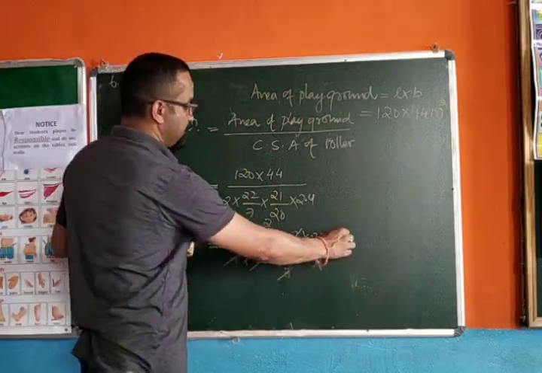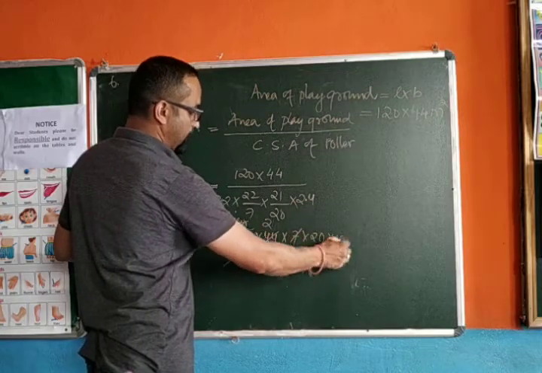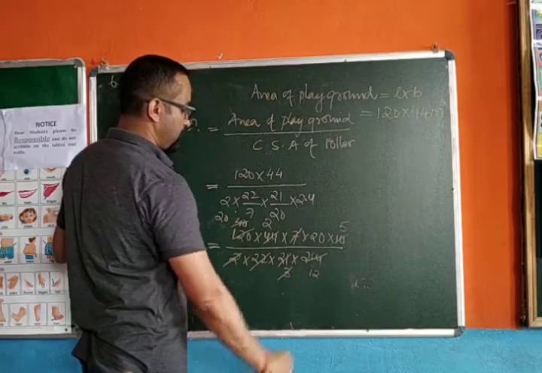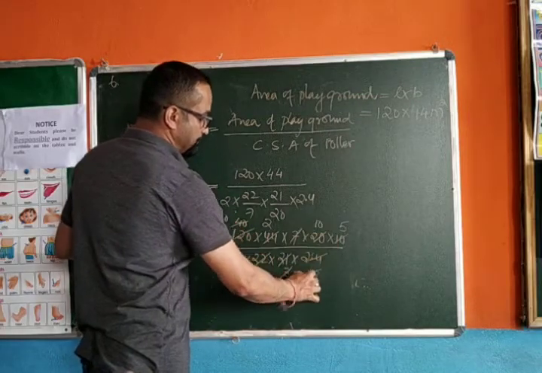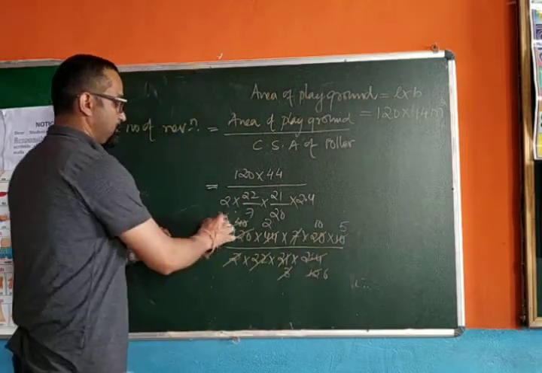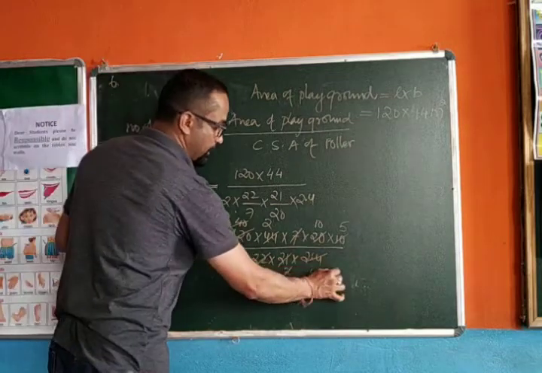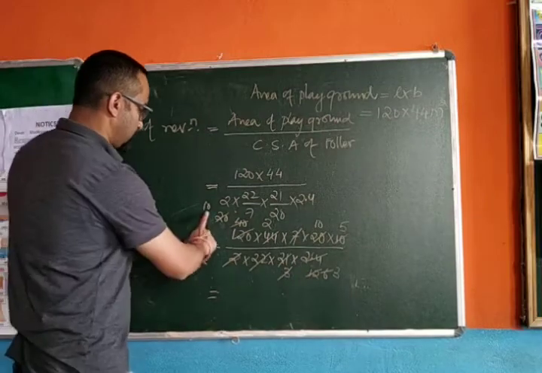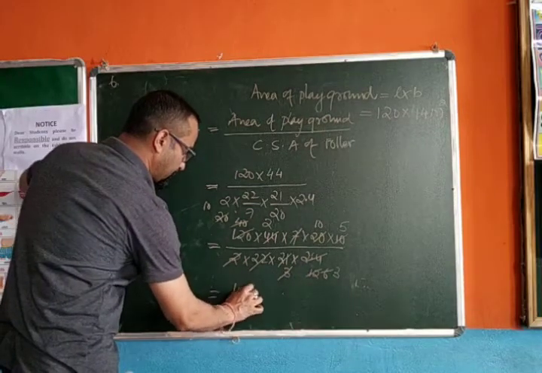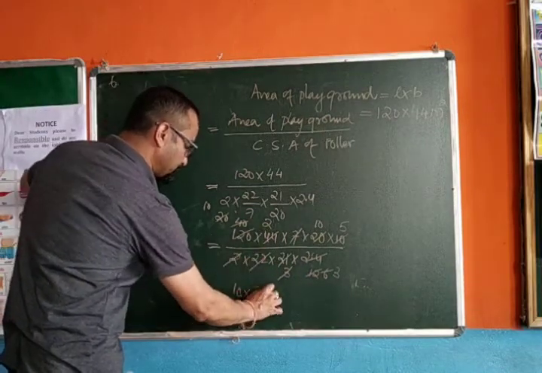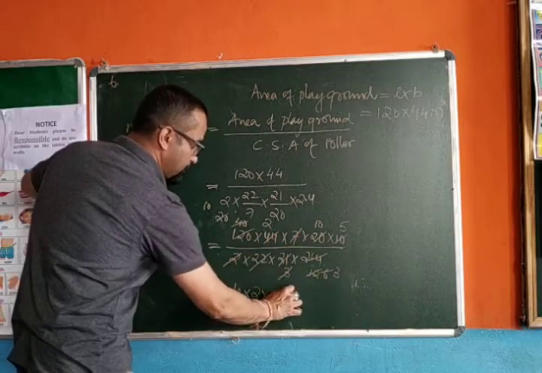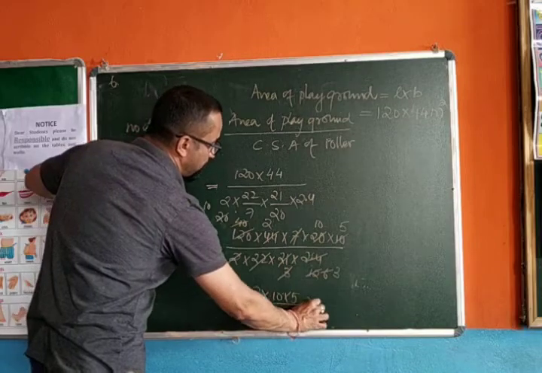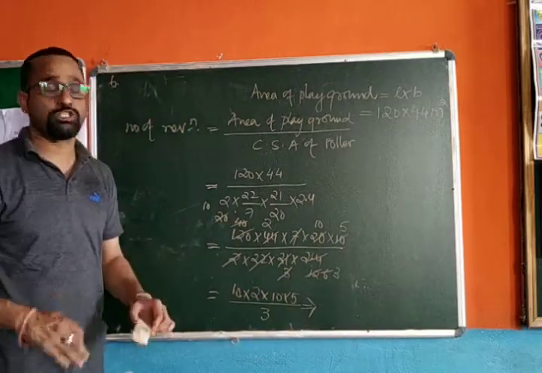This is divisible, you can cancel again. 2 5 times 10, 2 12 times 24, 10 6 10 3. So you are left with 2, you are left with 10, you are left with 5 divided by 3. You do the multiplication, you get the number of revolutions.